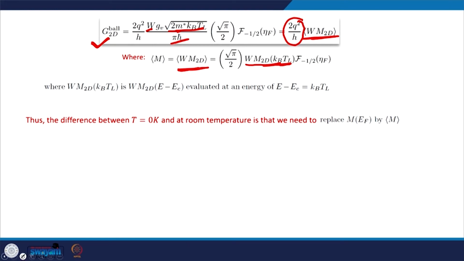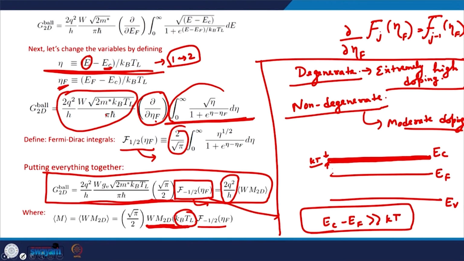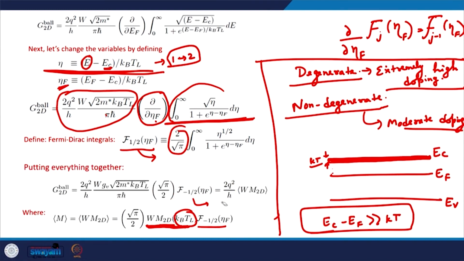Okay. So, what I mean to say is that this constant in our expression is essentially W times M 2D evaluated at KT, and this is justified in the case of non-degenerate semiconductors because electrons only occupy around 1 or 2 KT, or in most of the cases around 1 KT of energy range in the conduction band.